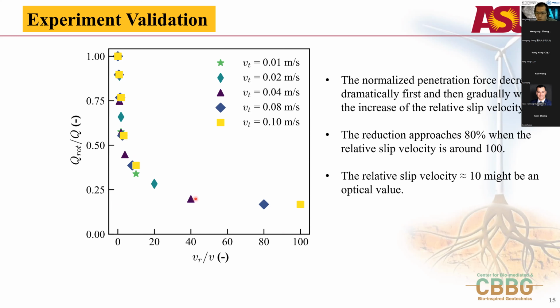Also, as Julia mentioned before, it seems there is a turning point, around a relative slip velocity of 10. Before that, the normalized penetration resistance reduces dramatically. After that, it reduces gradually. So we think maybe this is an optimum point. We can use this to design the self-burrowing robot.